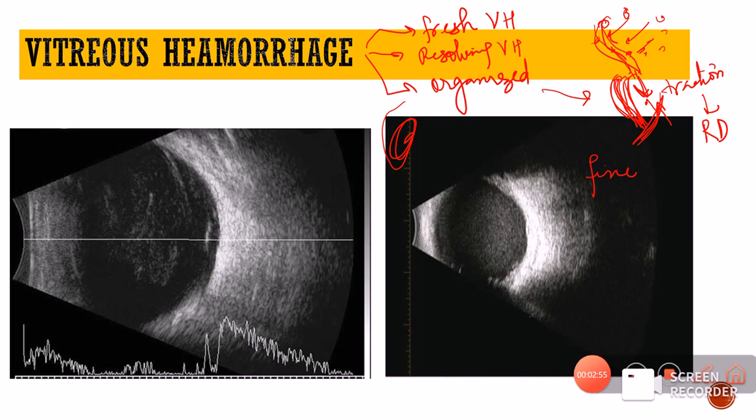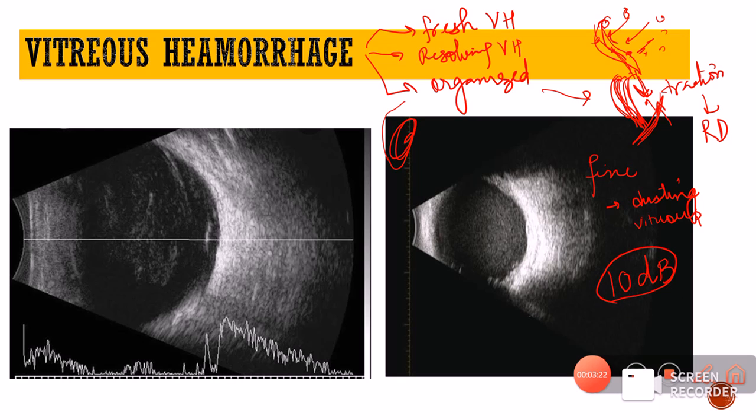They are so fine that you can call them dusting, dust particles. So this is called a dusting of the vitreous body that we see in the case of the fresh vitreous hemorrhage. Usually they will be so small that you cannot pick them on a normal gain setting. You might actually have to increase the gain by 10 decibels in order to make them clearer.